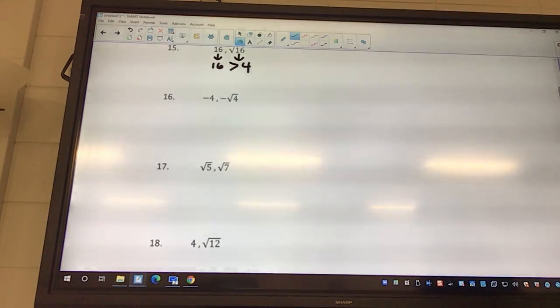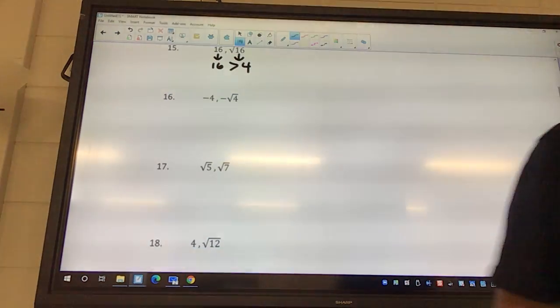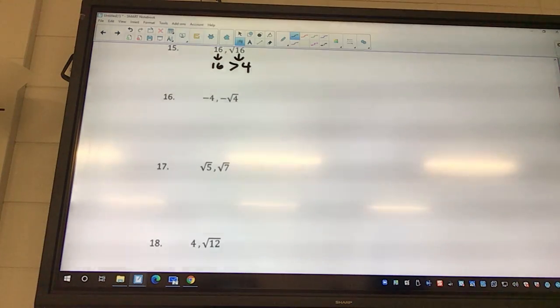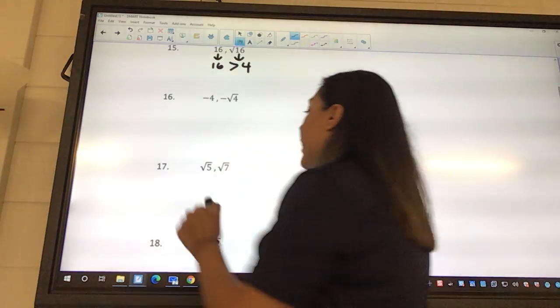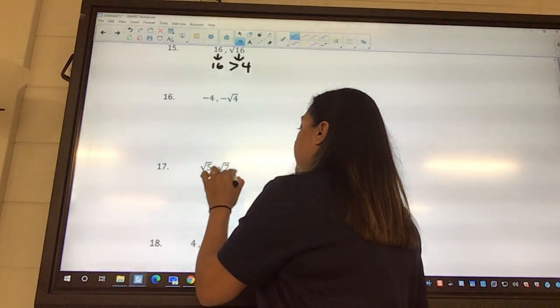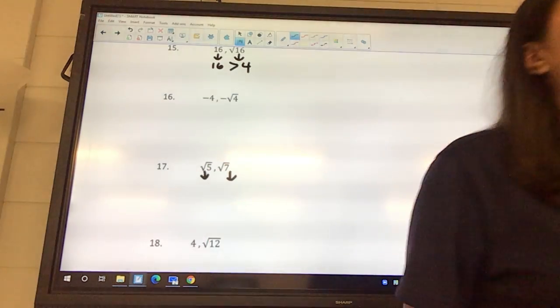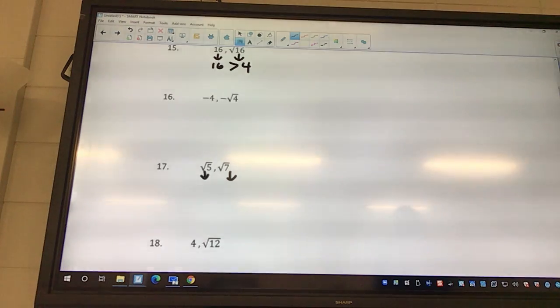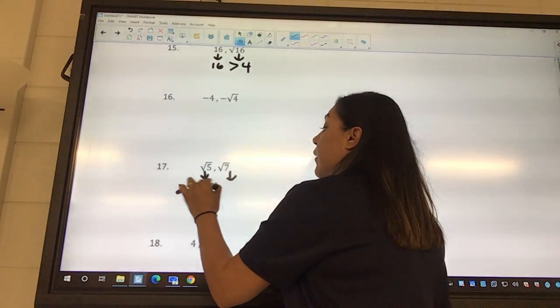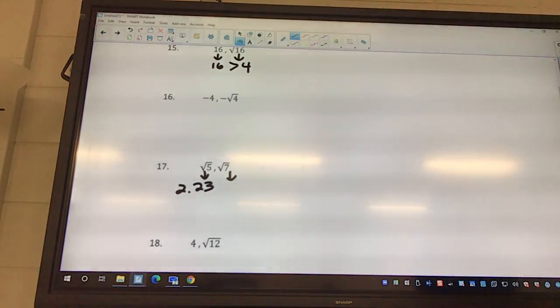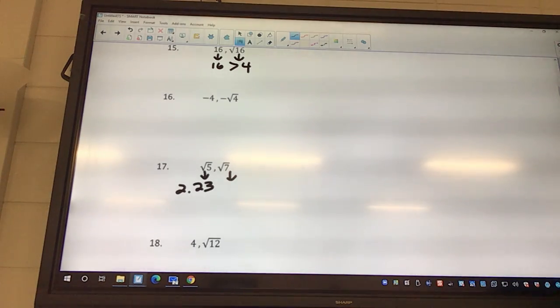Okay, 17, we got the square root of 5 and the square root of 7. Somebody do the square root of 5, what do you get? 2.2. Good. And the square root of 7, what do you get? 2.6.